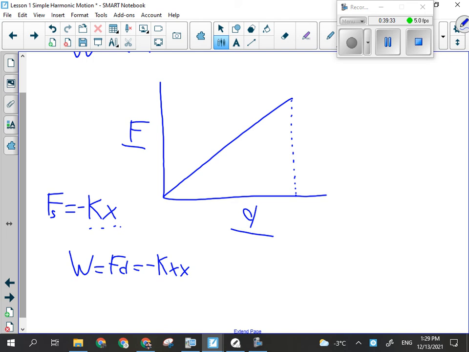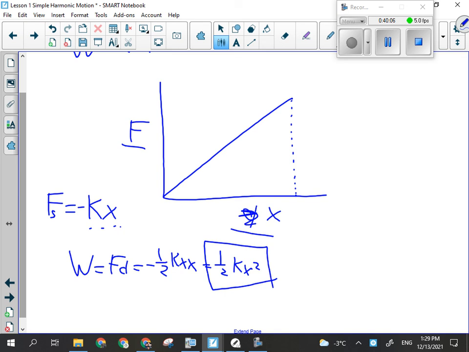But on this graph, if I calculate the area of that triangle, it's not a box, so I have to go base times height over 2. In other words, it's half of the force: this is the force here, k times x, multiplied by 1/2 times x again. So I end up with 1/2 kx squared.